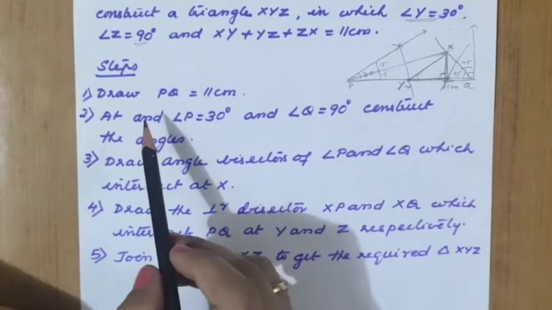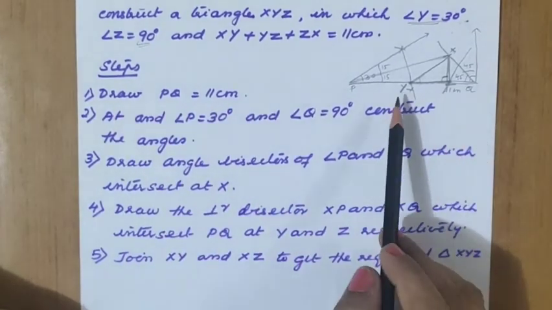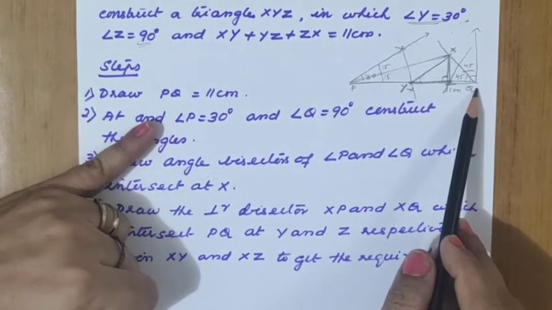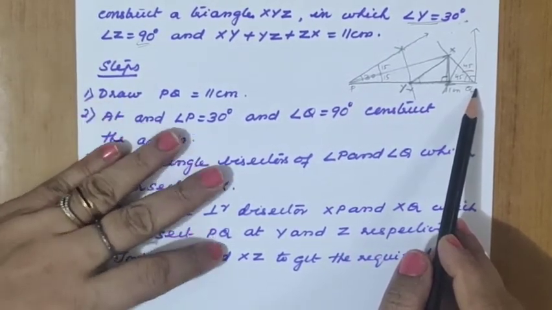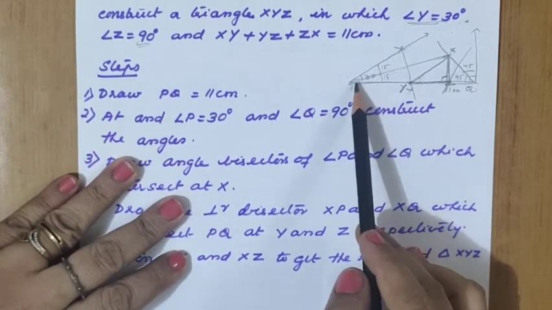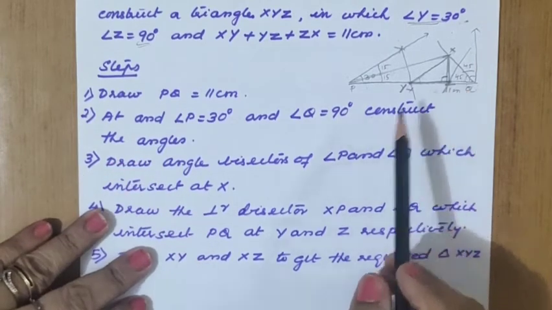Now I will read the steps of construction. Draw PQ equal to 11 centimeters. You will have the rough idea now. See the steps now. PQ equal to 11 centimeters, right? What is the next step? At P 30 degrees, at Q 90 degrees, construct the angles. So here the 30 degree construction, here the 90 degree construction. Now what is the next step?